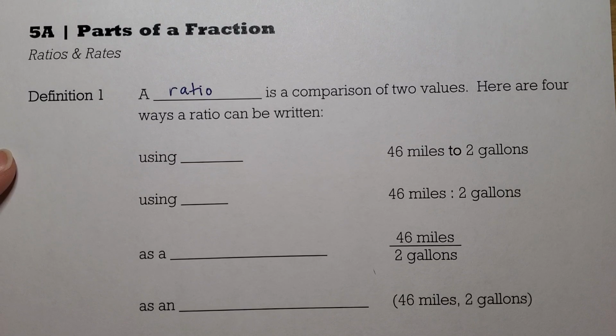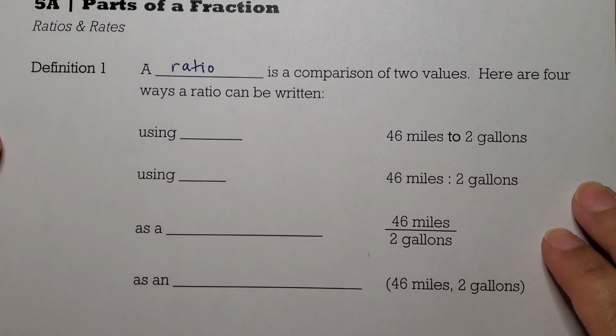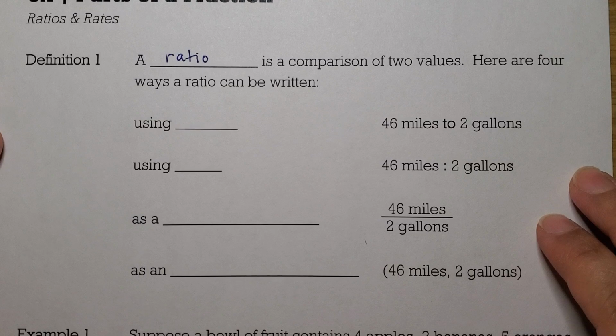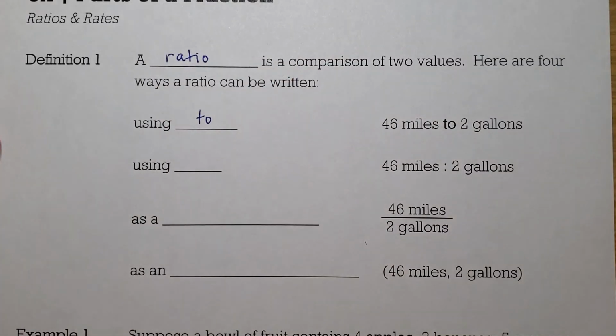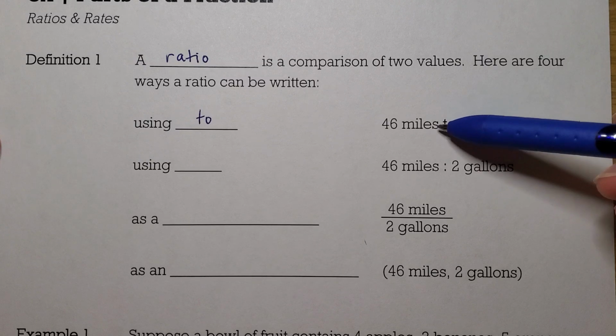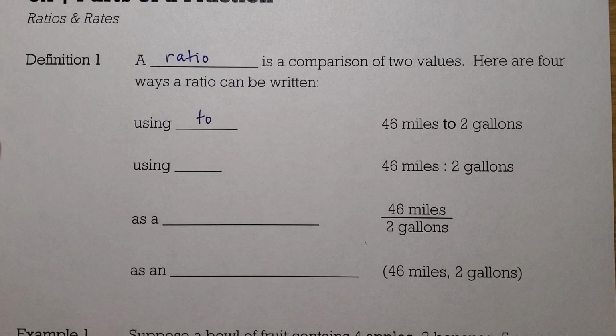There are four common ways that you might see a ratio written. One way is by using the word to. So 46 miles to 2 gallons is the example I have here. But if you're mixing liquids together, you might hear 2 parts soda for 1 part vodka, if you're making a drink.